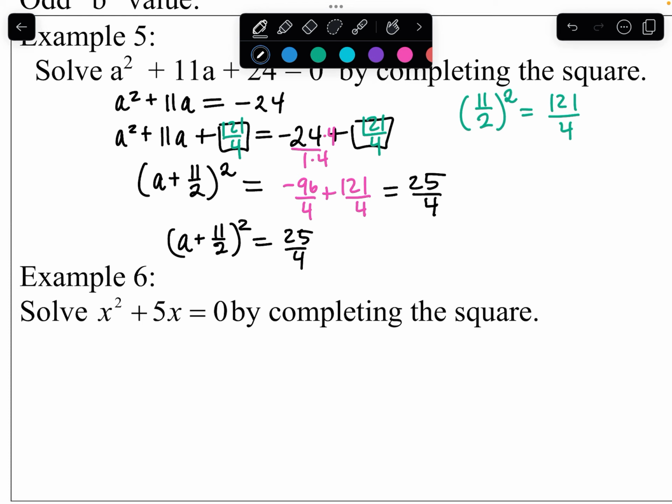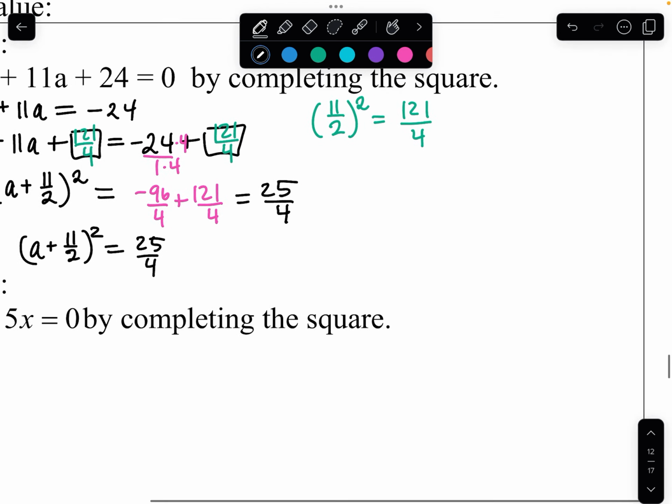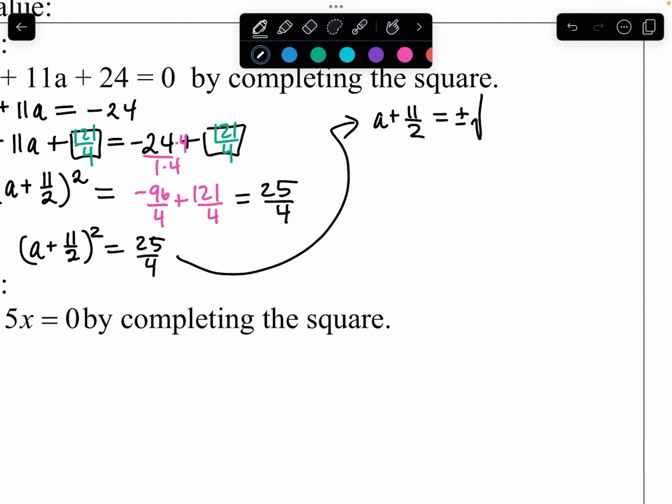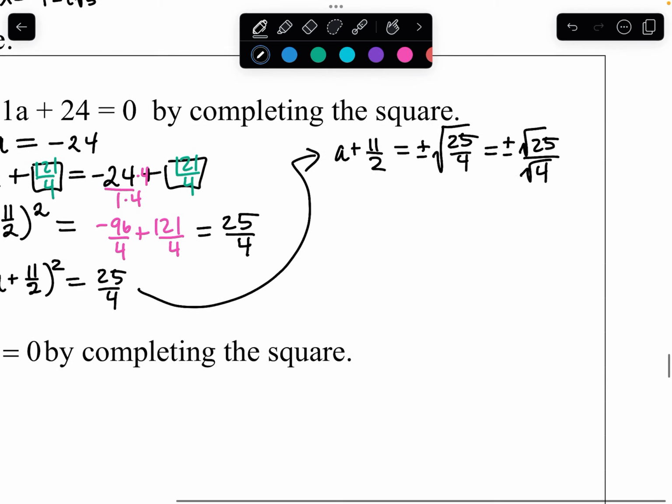And so now, using the square root property, we have a plus 11 halves equals plus or minus the square root of 25 over 4. And to simplify a fraction under the radical, you square root the top and square root the bottom, just like we did with the squaring. And so this simplifies to plus or minus 5 over 2.